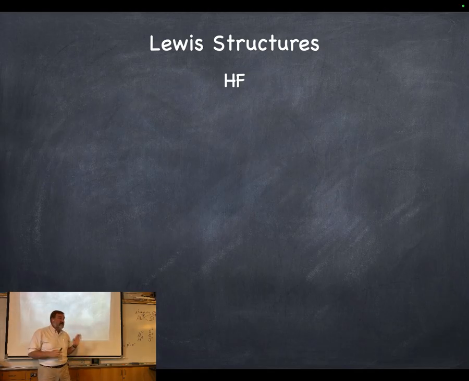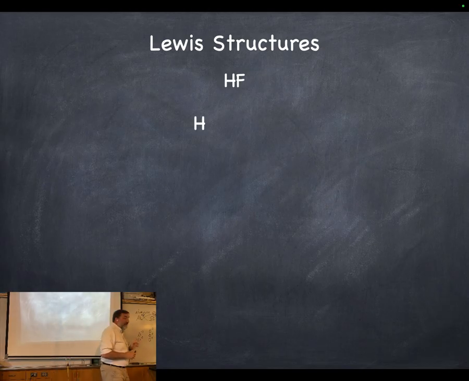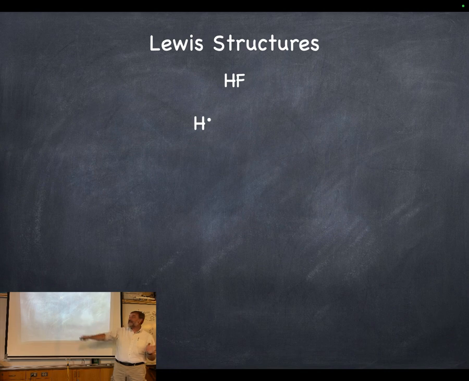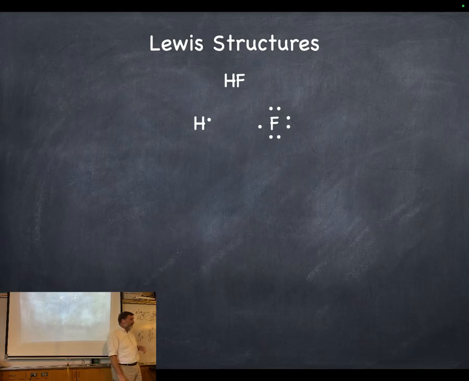The process starts by counting up how many valence electrons each atom has. So I grab my periodic table. I find hydrogen, 1 electron in hydrogen. I find fluorine. I count from the left, 1, 2, 3, 4, 5, 6, 7. Fluorine has 7 valence electrons.